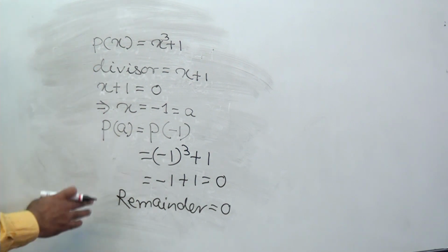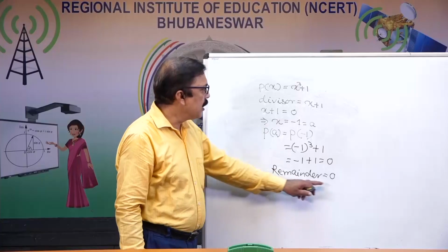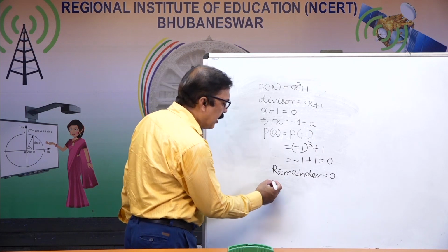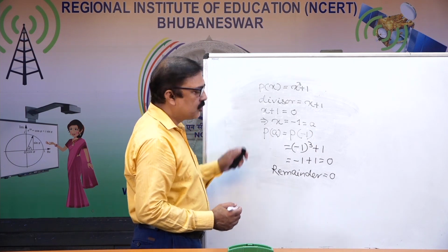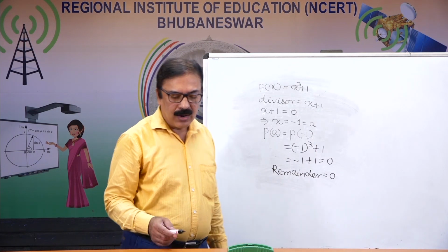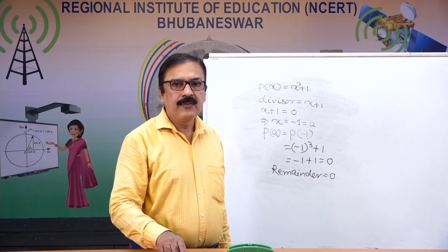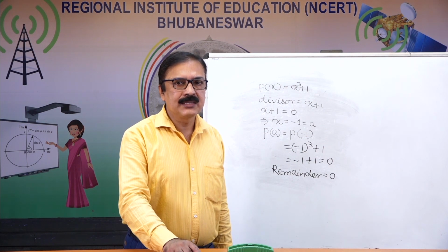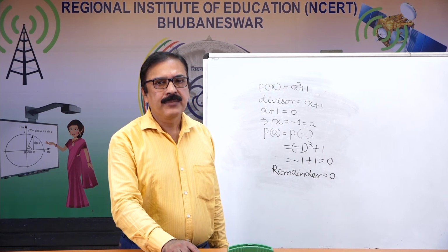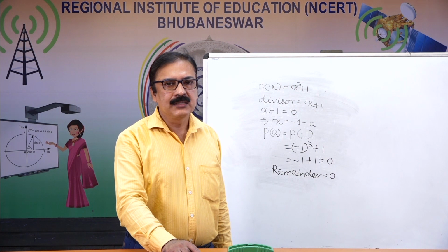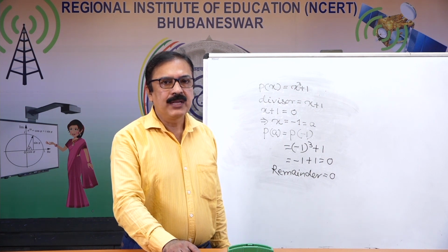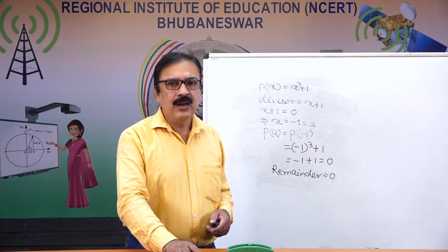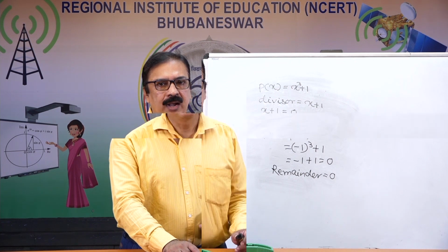Now in this division, if the remainder is 0, we can say that x cube plus 1 is a multiple of x plus 1. Now in these cases, as we saw, without division we can find the remainder.